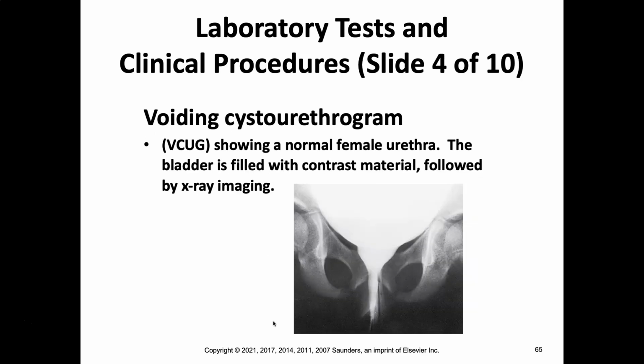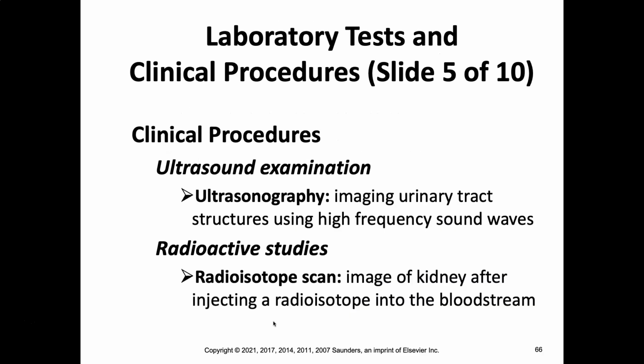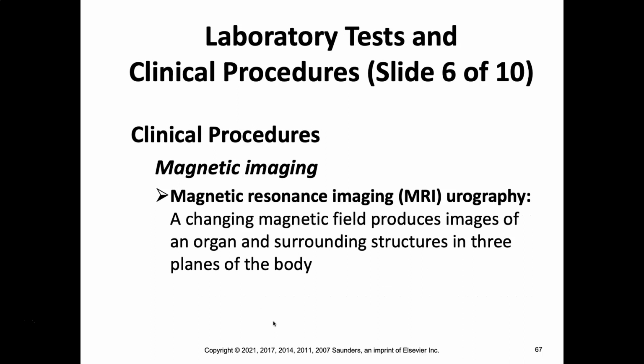And again, you can see this is with a contrast to show how it's avoiding. There are ultrasounds that are done. There can be radioisotope scans performed. MRI, of course, is often used.